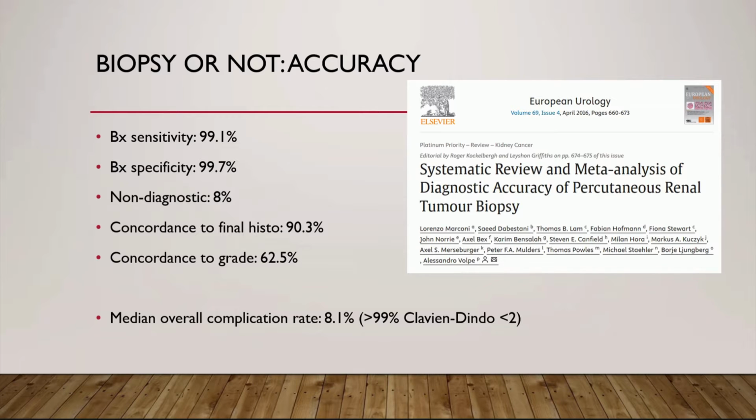And we can see that contemporary data shows that renal mass biopsy has very high sensitivity and specificity, with a very good concordance to the final histology, but quite poor concordance to the final grade of the tumour. Complication rate is extremely low, and the rate of serious Clavien-Dindo complications, so 3 or more, is really very low indeed.